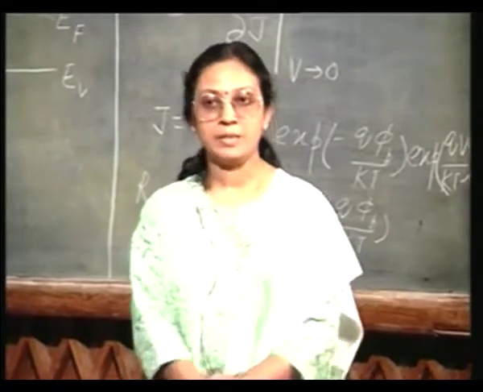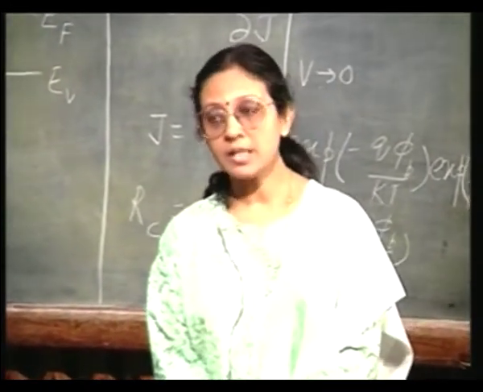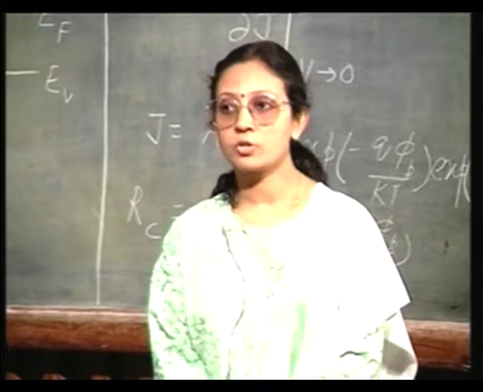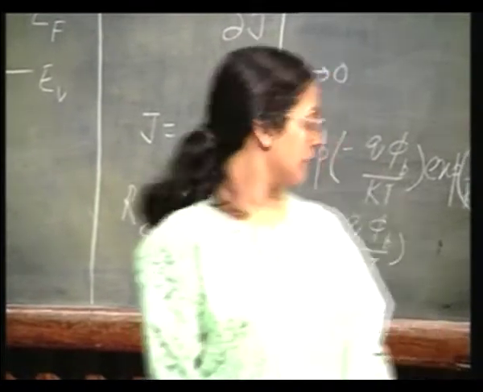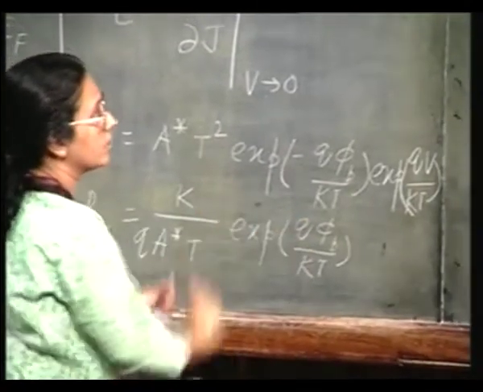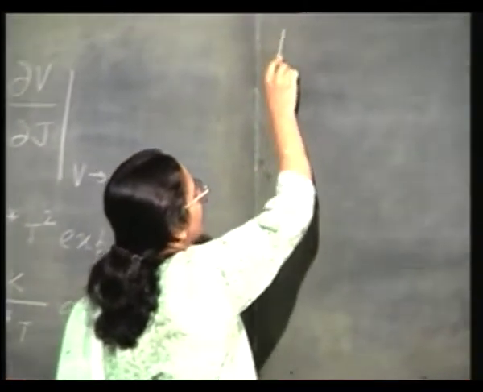And in that case the current will be given by the tunneling parameter, and consequently the contact resistance will also be proportional to that.